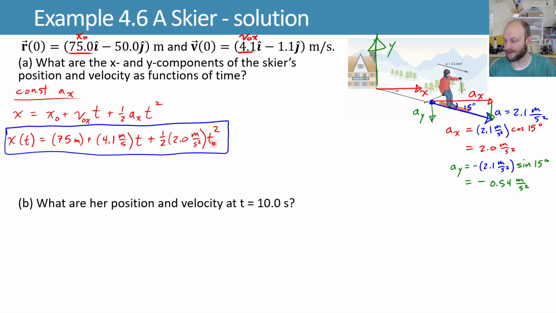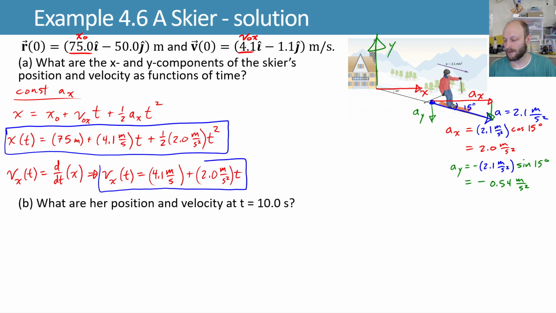Notice the time dependence. How about velocity? Well, we can take that expression and take the derivative of it with respect to time. The derivative of 75 becomes 0. 4.1 times t becomes 4.1. 1 meters per second squared times t squared becomes 2 meters per second squared times t.